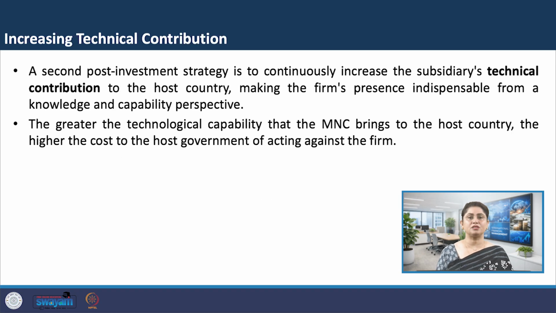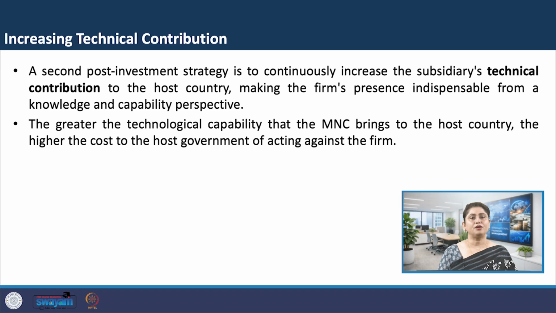The second post investment strategy is to continuously increase the subsidiary's technical contribution to the host country. The greater the technological capability that the MNC brings to the host country, the more deeply that capability is integrated into the local economy through training, knowledge transfer, and research and development, and the higher is the cost to the host government of acting against the firm.